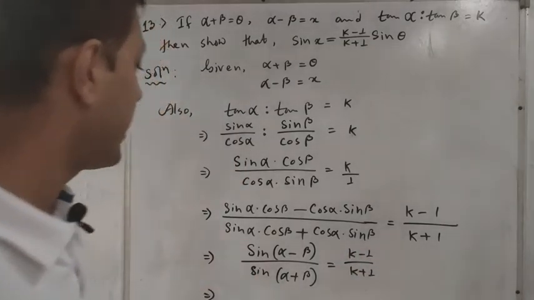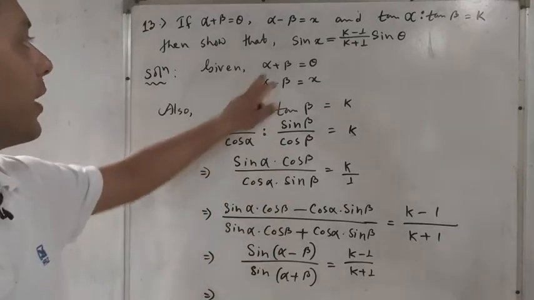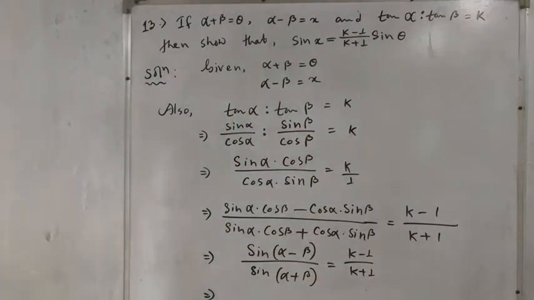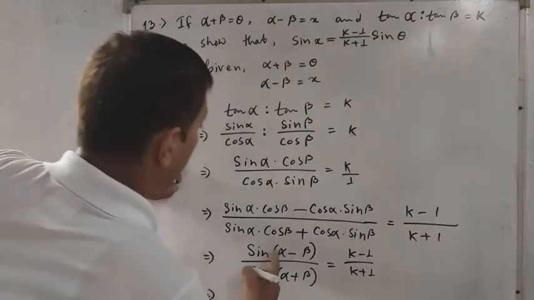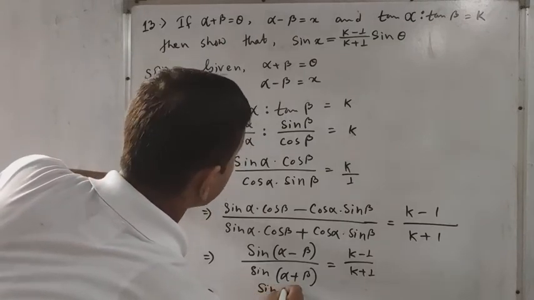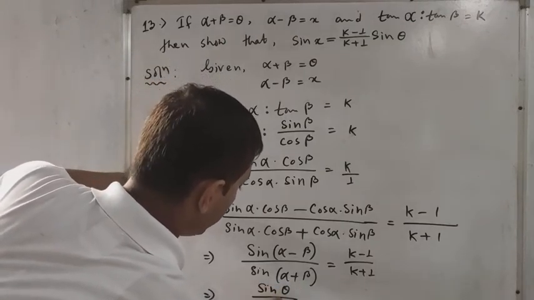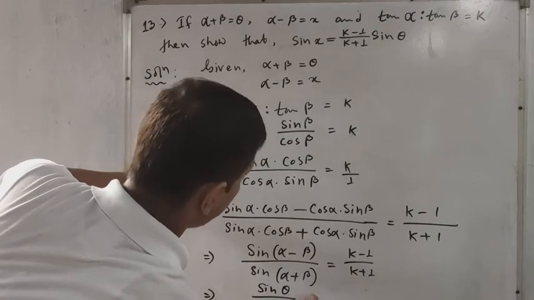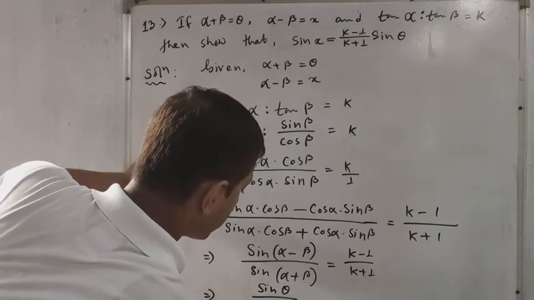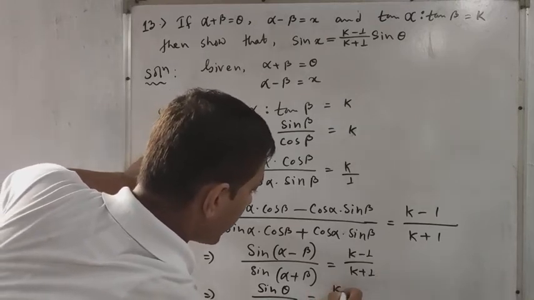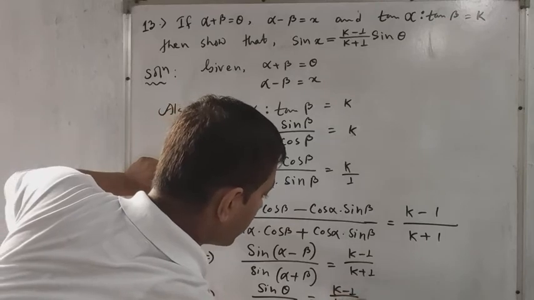Now alpha plus beta is equal to theta, and alpha minus beta is equal to x. It is already given in the clue. So it will become sin theta by sin x is equal to k minus 1 by k plus 1.